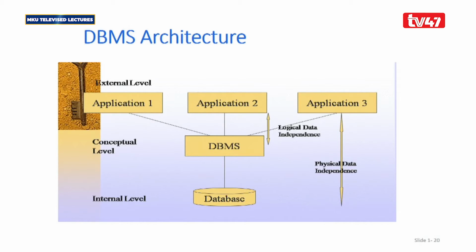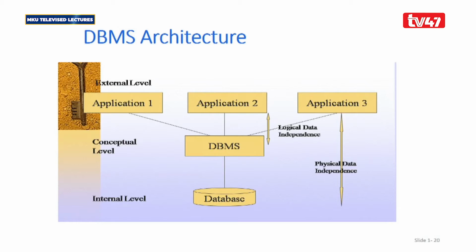We also have a DBMS, which, as we have said, will give you or retrieve data or process your instructions. And basically, we have the database, which keeps all the records. For the records stored here, for you to see them, there must be a DBMS.